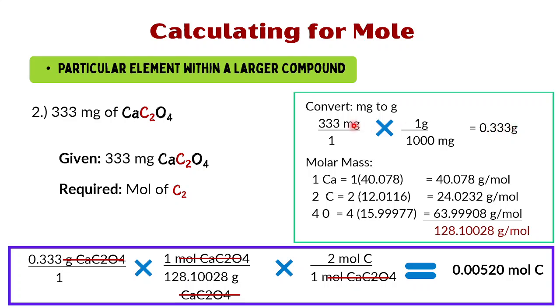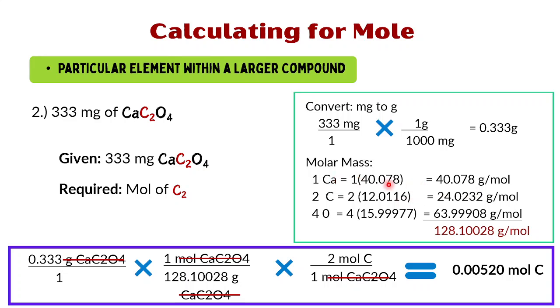Or you can just move the decimal place 3 places to the left, like 1, 2, 3, so there are 3 zeros. And so you get now this value, 0.333 grams. So we've now converted the 333 milligrams into grams. Then, since the molar mass for this compound, calcium oxalate, was not given, I also calculated it here.